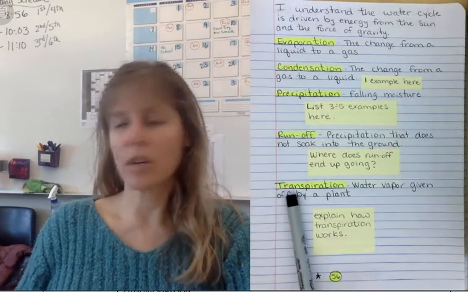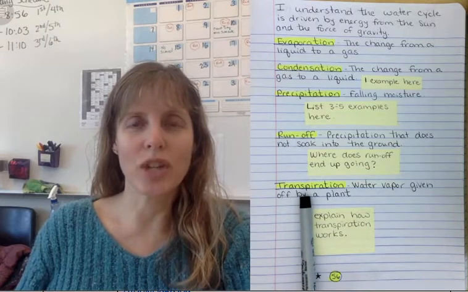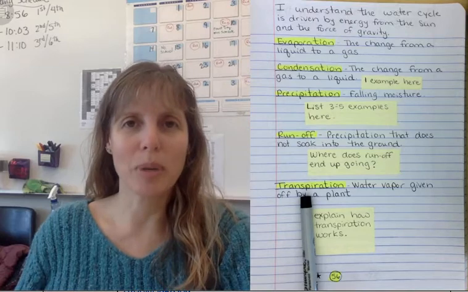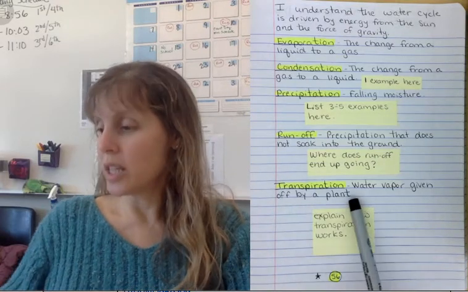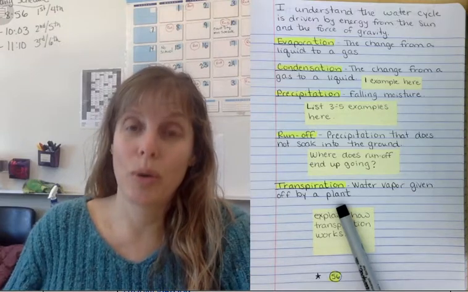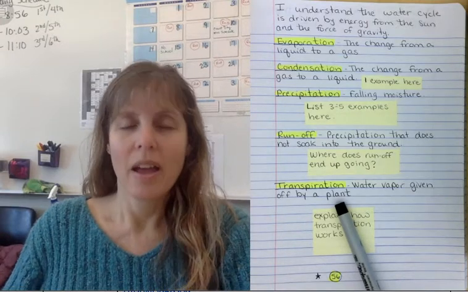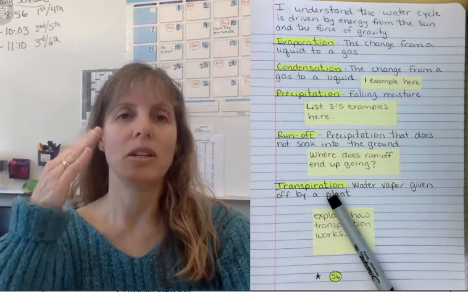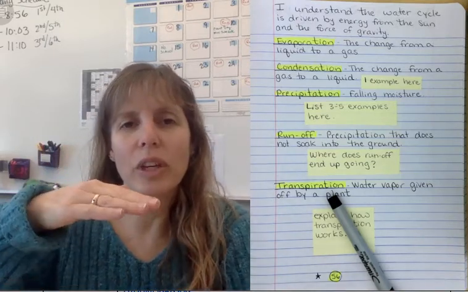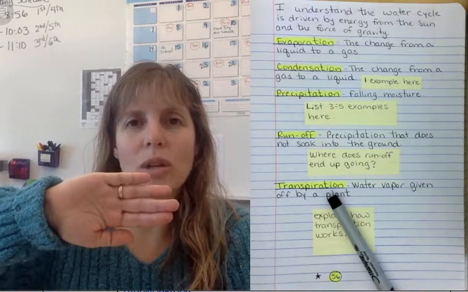Our last term is transpiration. Transpiration. Say it with me. Transpiration. Transpiration is water vapor given off by a plant. This is super, super cool. If you've ever looked closely at a plant, you know that on one side it's real shiny and waxy, and then if you turn the leaf over, it's not so shiny and waxy.